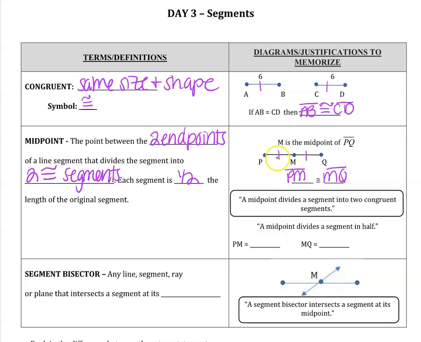I also know that PM, which is this part right here, will equal half of the whole, which is PQ. Likewise for MQ. This statement right here, a midpoint divides a segment into two congruent segments, will also be used a lot in the coming units. So keep that in the front of your brains. We'll use that one a lot.